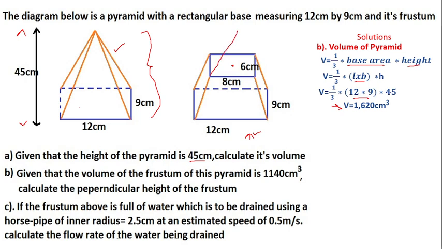Now I'm including it right here, you can see it. So this top part, we need also to find its height. So if we find the height of this top part, let's say this will be the height of the top part, then we subtract from 45, which is the total height of the pyramid of which the frustum was gotten from.